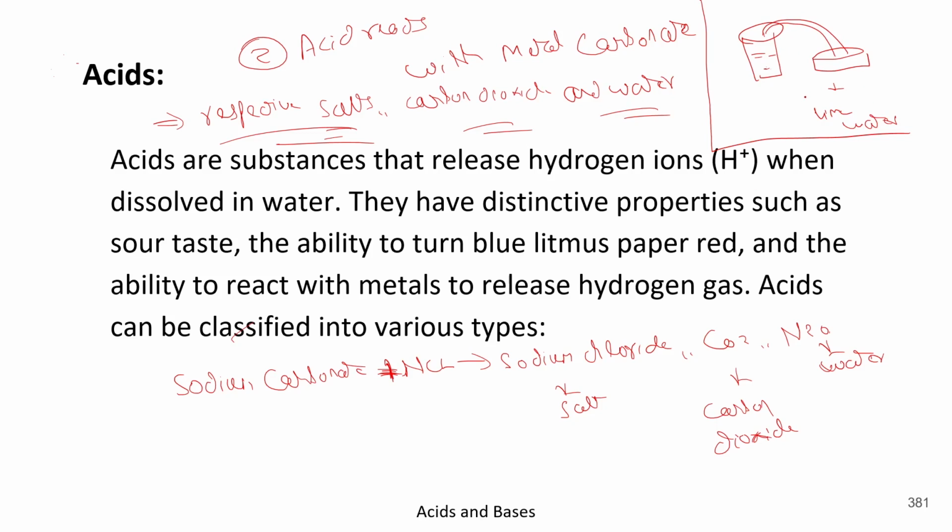When the experiment takes place, you will notice that the lime water is turning milky. When that happens, note that carbon dioxide is being released. So you can check the release of carbon dioxide if the lime water starts turning milky. This is the second reaction which we had to discuss.